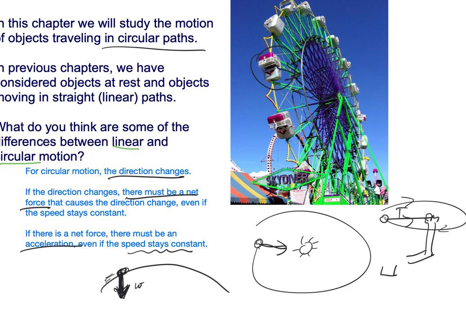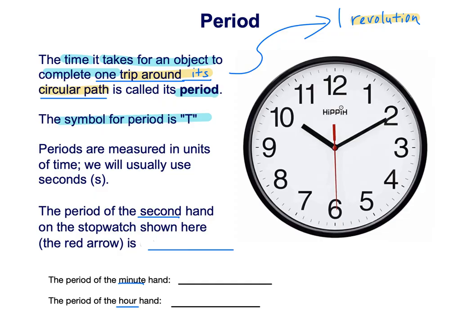If it's a car going around a flat curve, it's friction between the tires that's causing the centripetal force. Okay, so we'll be talking about this in detail coming up.